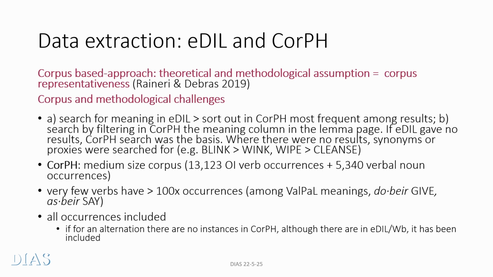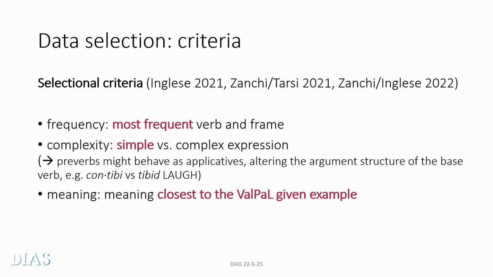According to my own counts, and I wait to be disproved, Corf contains more or less 13,000 verb occurrences and 5,300 verbal noun occurrences. What I've done is I've taken into account all occurrences. Just a few verbs, just two in the sample, have more than 100 occurrences in Corf. So all occurrences have been taken into account.